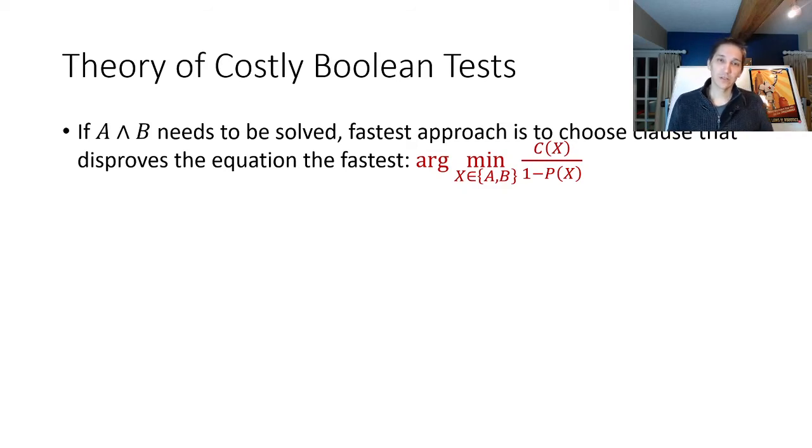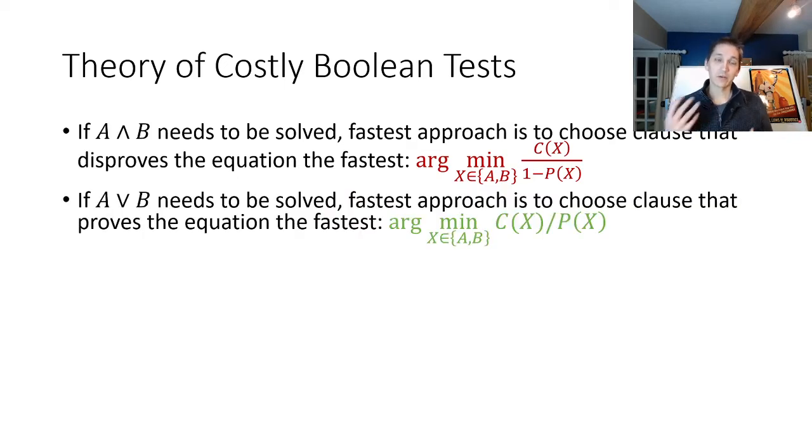Now, the fastest thing to do is actually to show that this equation is false, because if this equation is true, then this means that we need to show that both A and B are true. So the fastest way to do this is actually to choose the clause that is most likely to disprove this equation, show that it's false, the fastest. And the way that we can do that is by minimizing this scoring term, c of x over 1 minus p of x, where x is either A or B.